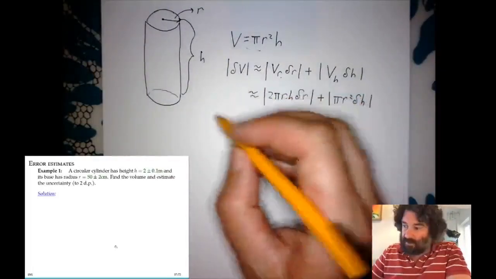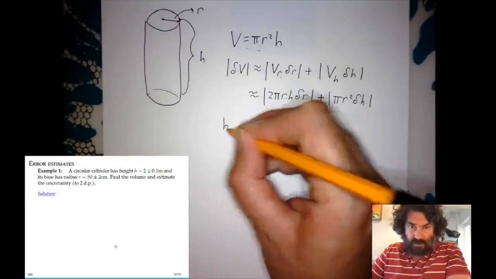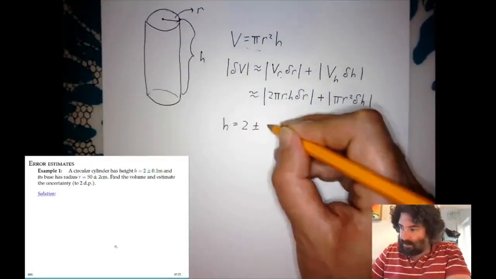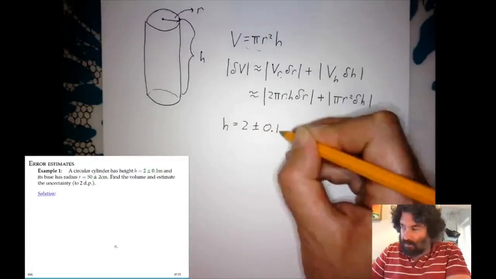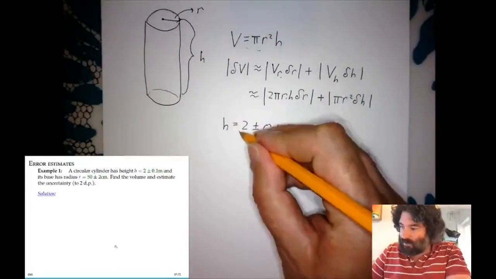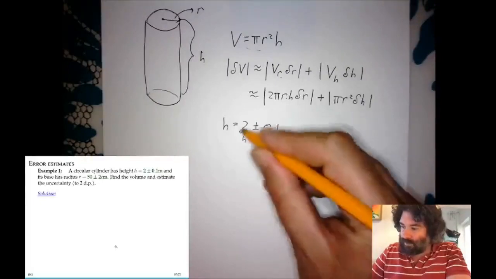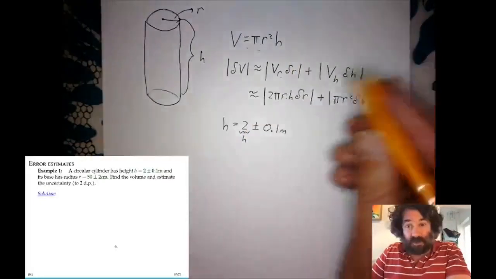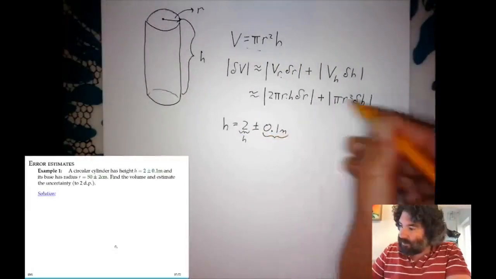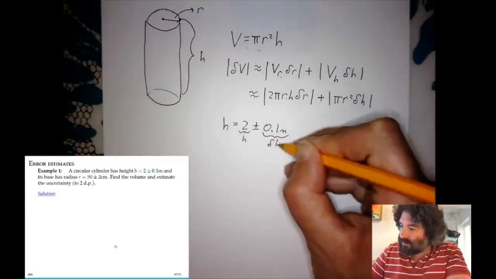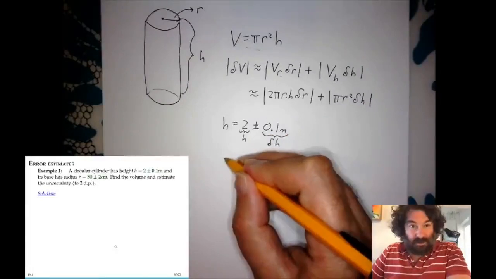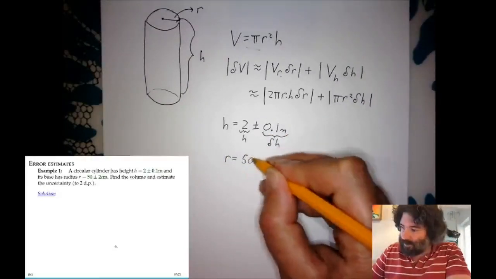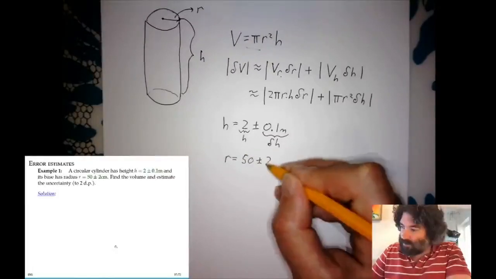So we have measurements of h as 2 plus or minus 0.1 meters. And so, once again, the h that we use in the calculations is the 2. That's what we've measured. And then the error, delta h, is 0.1. And the radius, 50 plus or minus 2 centimeters.